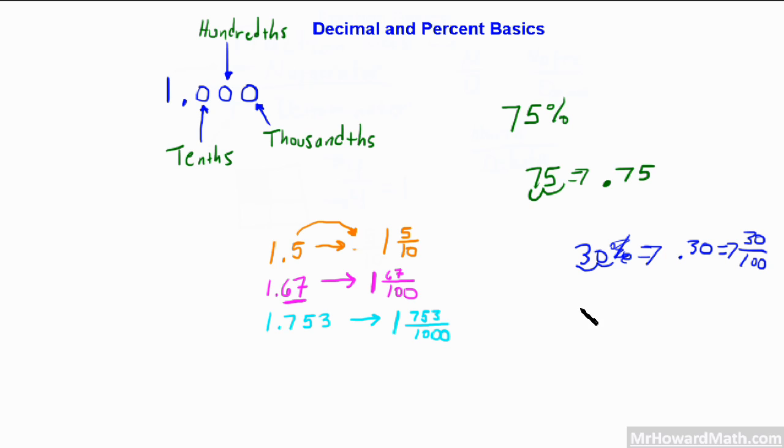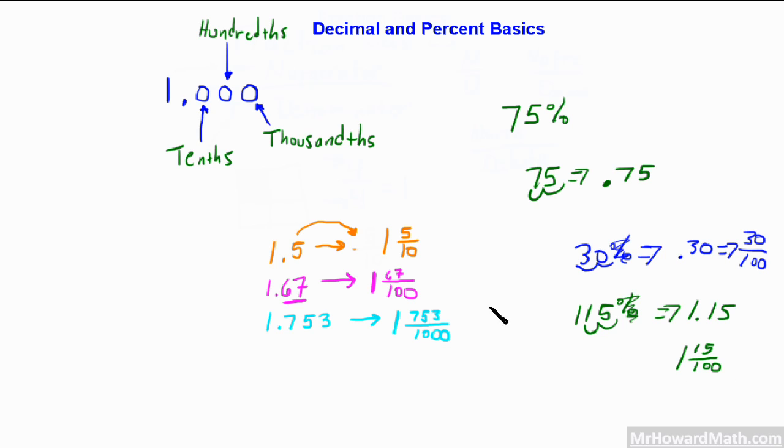Alright, let's do one more example that's a little bit different. Let's do 115%. Again, same thing. All we're going to do is get rid of the percent sign, move the decimal place 2 places, and we're left with 1.15, or 1 and 15 hundredths.